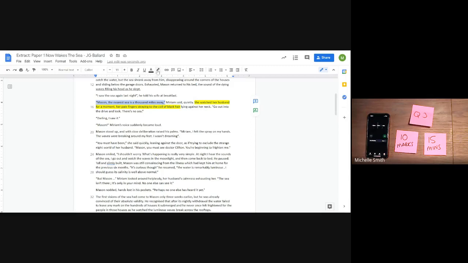The nearest sea is 1,000 miles away. It also says that she says that quietly. She also says, "Go out into the drive and look, there's no sea." Now, I'm not going to use every single one of these quotes, but I am going to use maybe one or a couple of them.